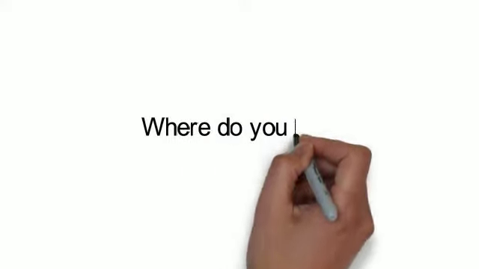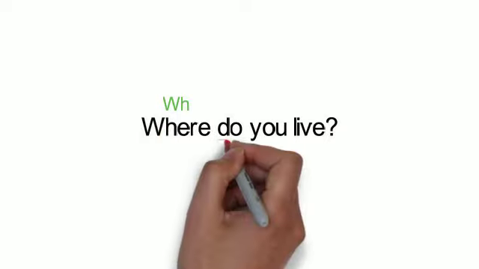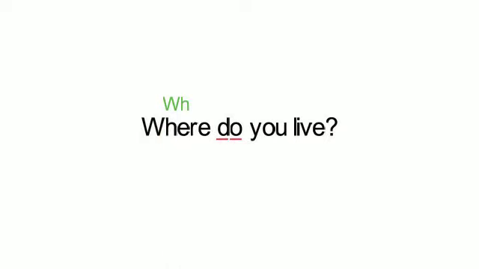Where do you live? Here we start the sentence with the WH question, where? And the next word is do. Why do? Because the subject is you. Finally, we add the verb to our question. In this case, live.